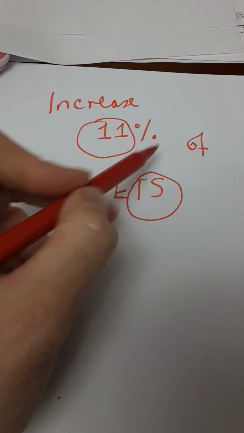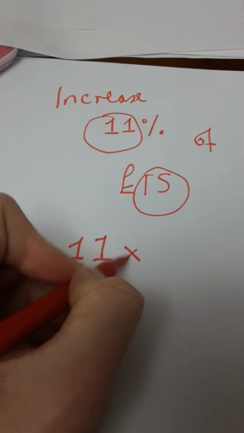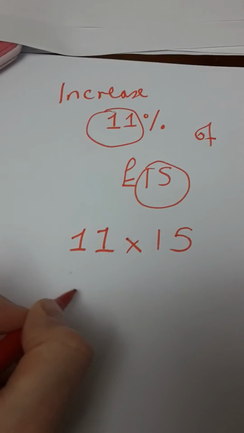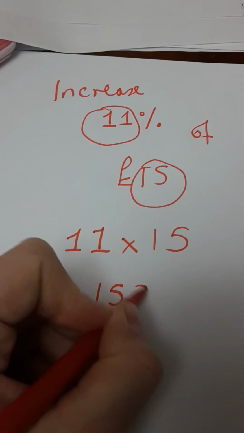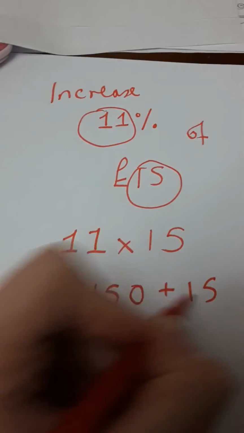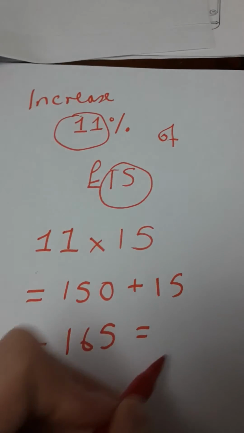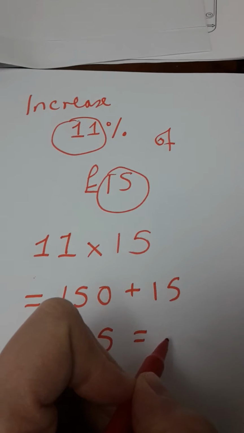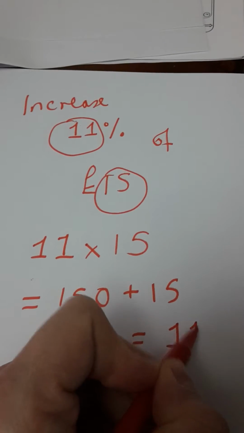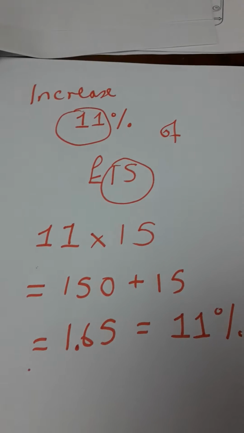So, if it's an increase, we need to do 11 times 15, which I know is 150 because that's 10 times 15, plus one lot of 15, which is 15, which gives me 165, and that equals, at the moment, 11% if I divide by 100.